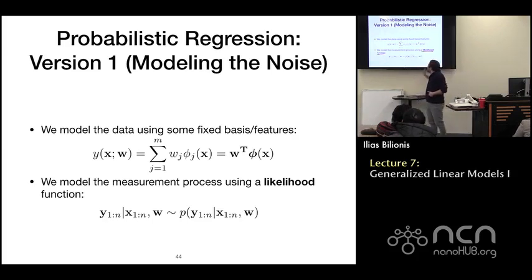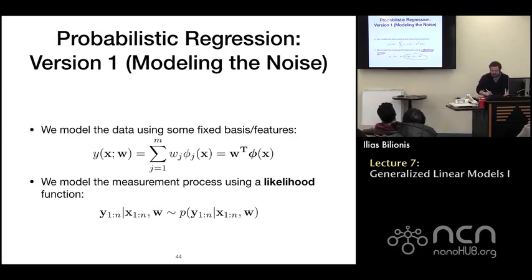It tells you what is the probability of getting the specific y's you have observed at these specific input points if your model is correct. That's what it tells you. The probability of getting these specific y's at these specific inputs given the weights of your model, let's say.